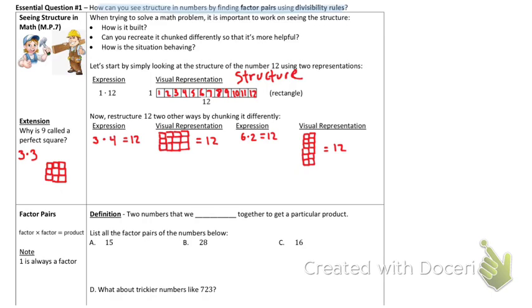Count those, it's 9. And what you'll notice about this, even though it's a pretty poor drawing, is that it makes what we call in geometry a perfect square. So 9 is a perfect square because the visual representation of 3 times 3 creates a perfect square.